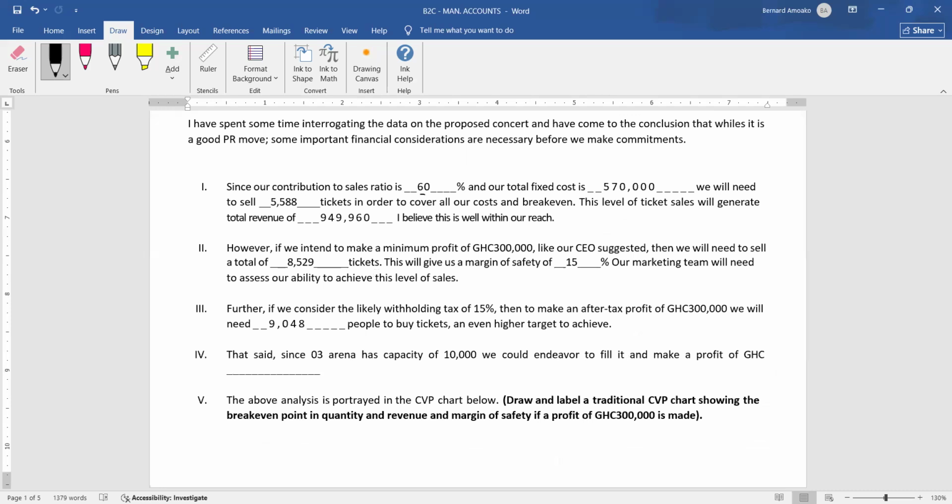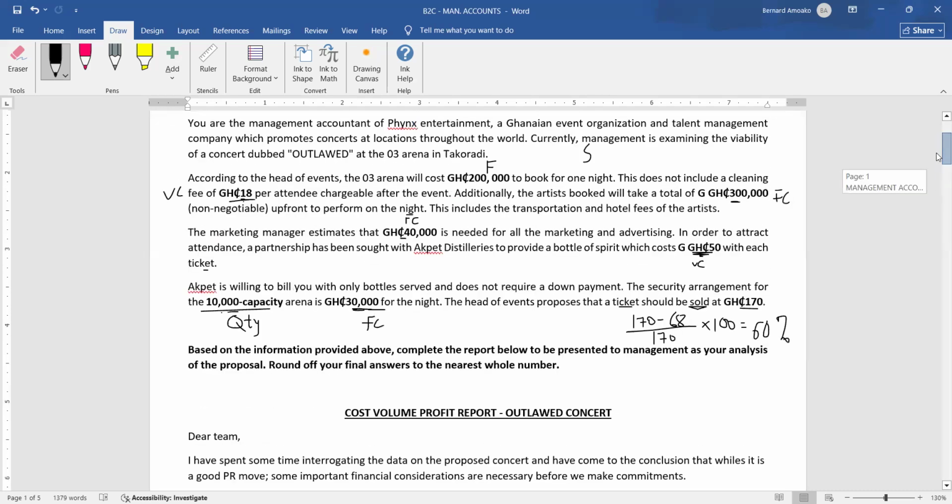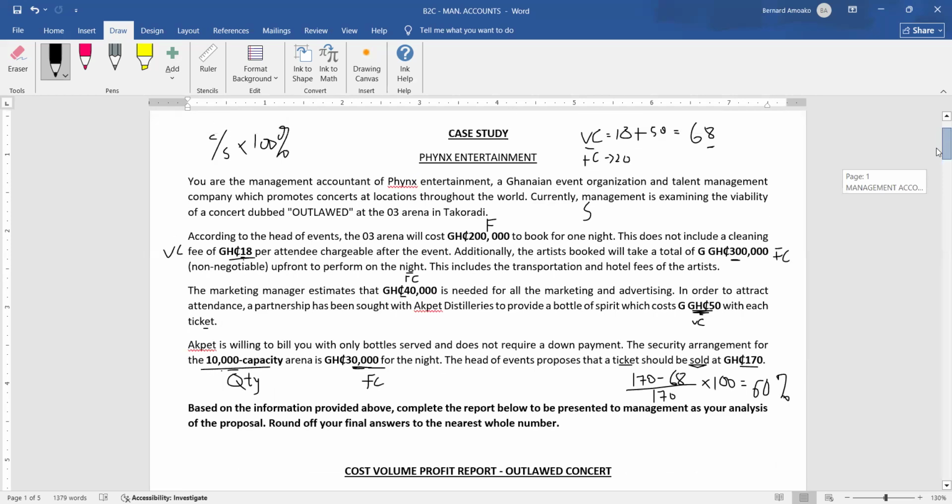And they ask, since our contribution to sales ratio is 60% and our total fixed cost is, now we've been able to write out the total fixed cost. Now let's go and pick the total fixed cost and add them. 200,000 plus 300,000 plus 400,000 plus 40,000 plus 30,000. 200 plus 300, 500, 530, 570.